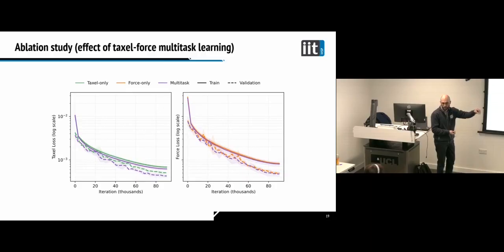One where we freeze one of them, and one where we freeze the other one. The multitask learning is the purple one. Taxel only is the green, force is the orange, and we see that generally training on both together helps. It's not dramatic, but it always helps. In particular for learning taxels, the benefit is higher.